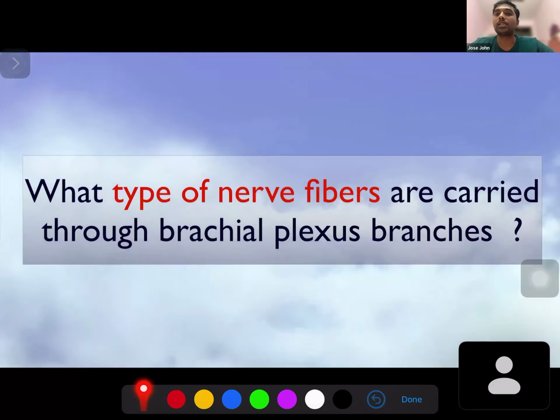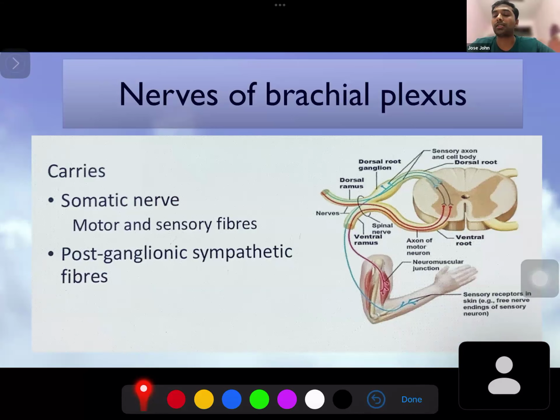The somatic nerve carries motor and sensory fibers. The sensory fibers go along the posterior root and the motor fibers come through the ventral root. Also, there will be postganglionic sympathetic fibers, which arise from the sympathetic ganglia and supply the sweat glands and the blood vessels.